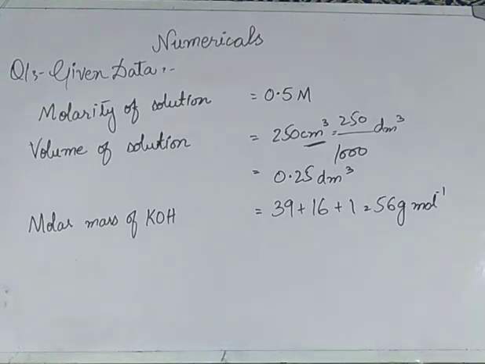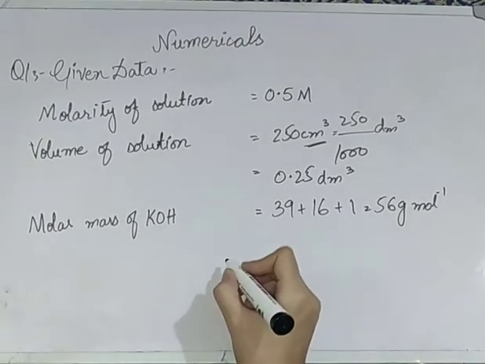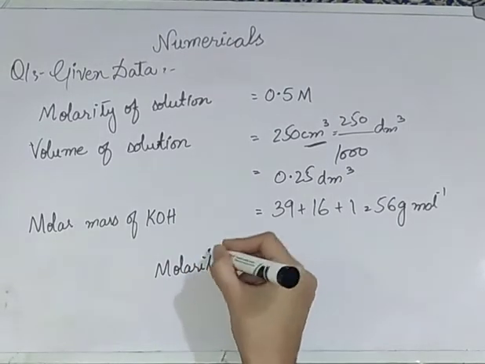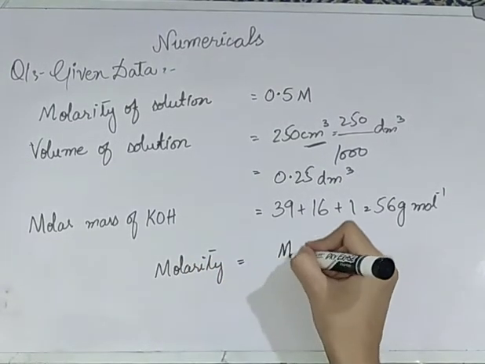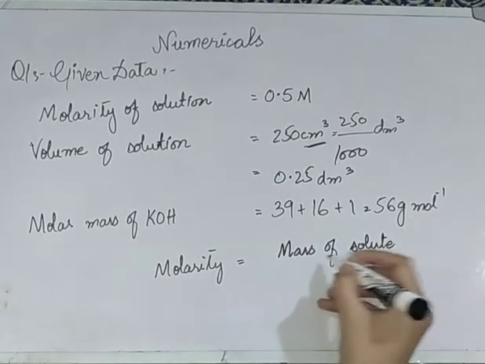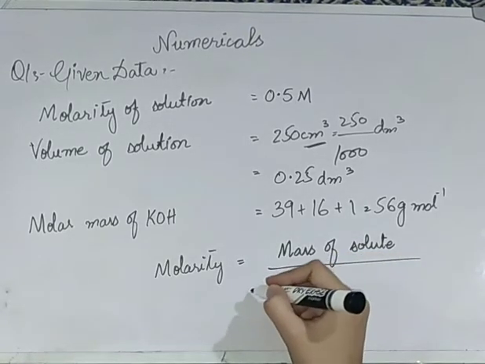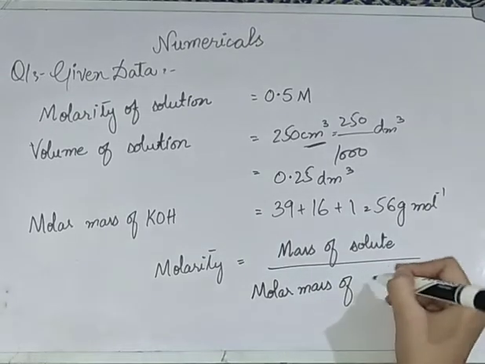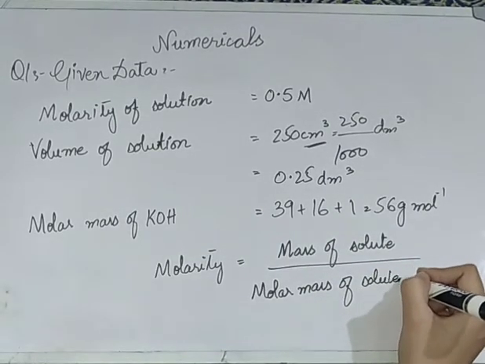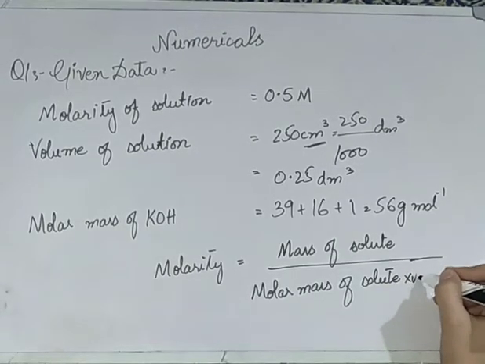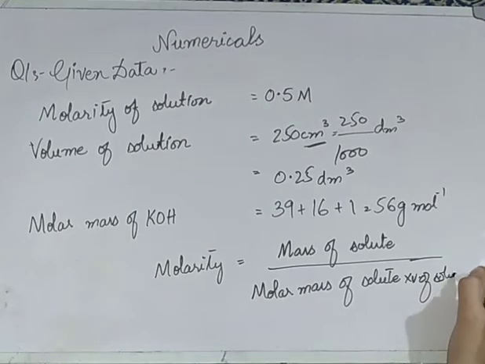Now we have to find the mass of potassium hydroxide by using the formula: molarity equals mass of solute divided by molar mass of solute multiplied by volume of solution.